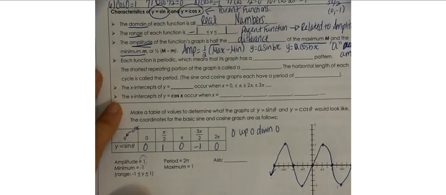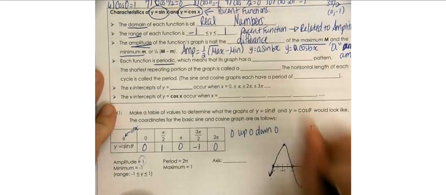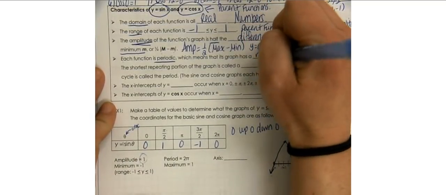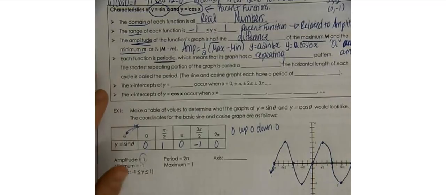Then the next thing is that each function is what we call periodic. Periodic means that the graph has a repeating pattern. It will repeat in that 0, up, 0, down, 0, or up, 0, down, 0, up pattern over and over again.